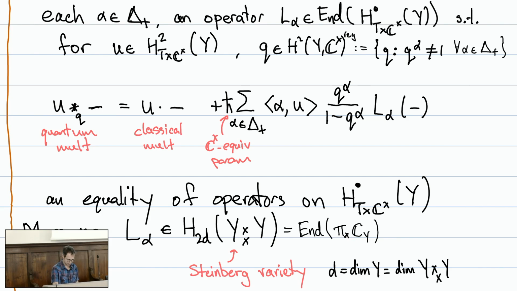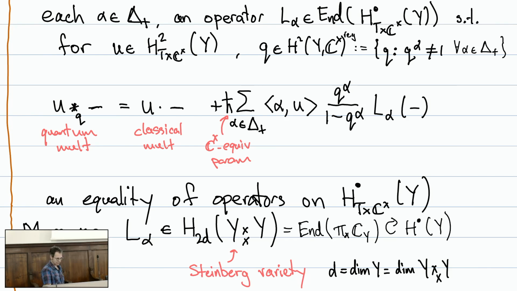Okay, so let me just say. This homology of the Steinberg variety acts on the cohomology of Y. I'm writing without equivariance just for simplicity at the moment, but you could insert the equivariance. This thing acts on the cohomology of Y by correspondences, and Y to X is proper, so there's no problem.